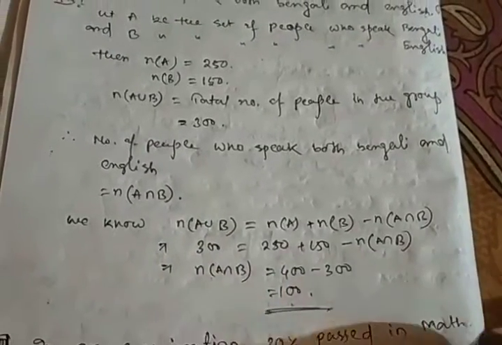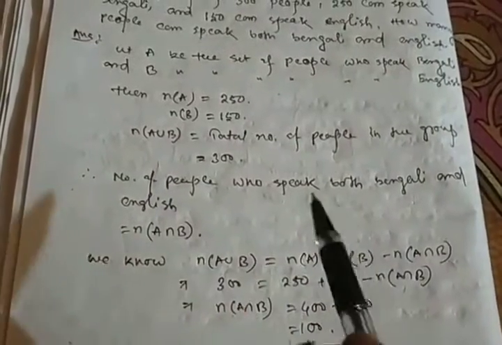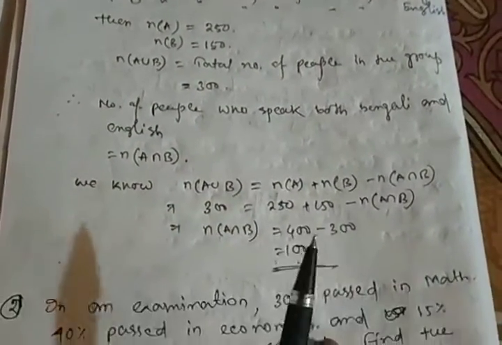So the required number of people who speak both Bengali and English is 100.